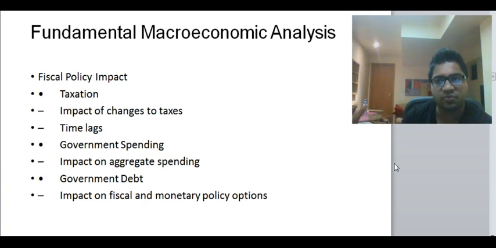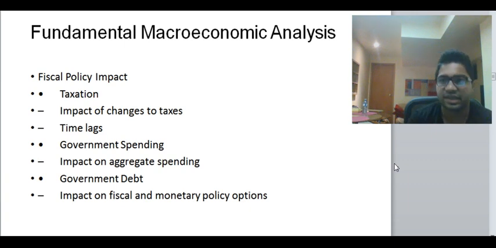The impact of government spending in the short run is that it pops up the economy, but in the long run it depends where the government is spending. Generally, infrastructure spending is taken as positive, while other types of spending like transfer spending are generally not considered to be positive economically. But the short term impact is that if government spending increases, it is taken as a positive sign by stock markets.